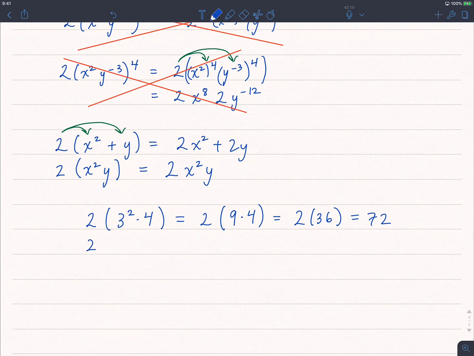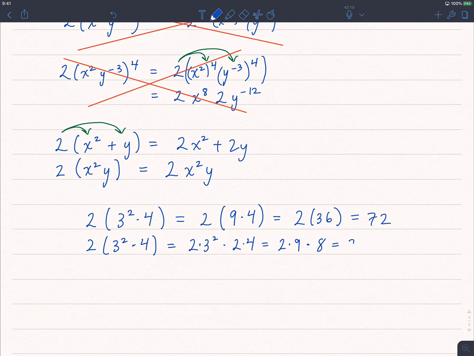Now let's see what would happen if we distribute the 2 to the 3 squared and the 4. So this is 2 distributed to the 3 squared, and then we still have 2 distributed to the 4. This would be 2 times 9 times 8.